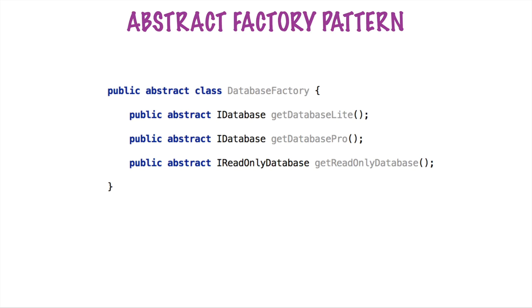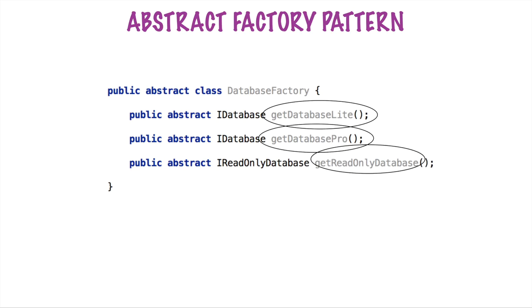Take a look at the code on screen. This is typically how you'd set up the abstract class database factory. This allows you to get at different families of databases, whether it's light, professional, or read-only databases. So the database factory, the abstract class, has a get database light, it has a get database pro, and it has a get read-only database.